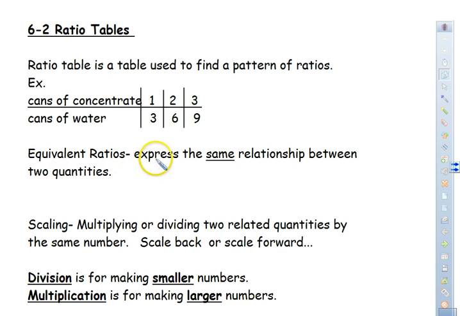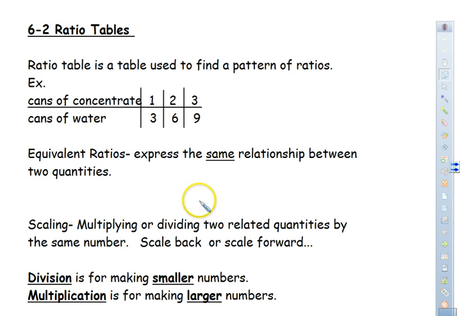Equivalent ratios are when you express the same relationship between two quantities. Equivalent ratios obviously mean that they're the same or equal to one another, and we'll talk about that in the next couple of slides.